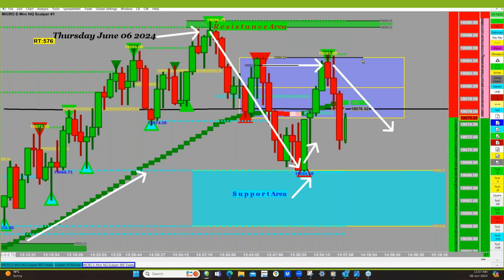So in this case, 2 ticks, half a point, you would trade short because we expect the market to come back to that area. And how did we know? From our swing highs and lows.